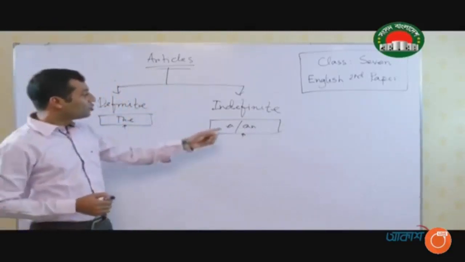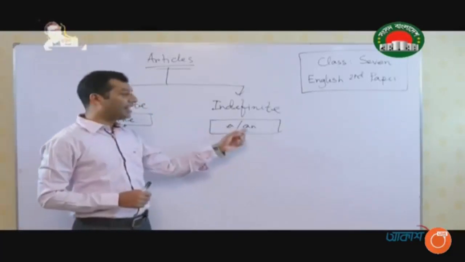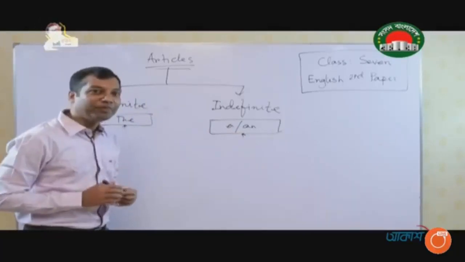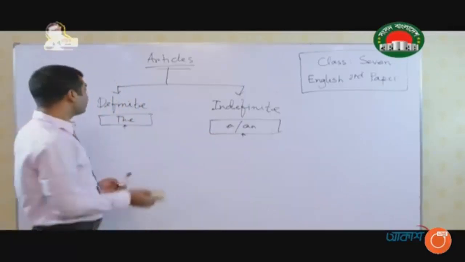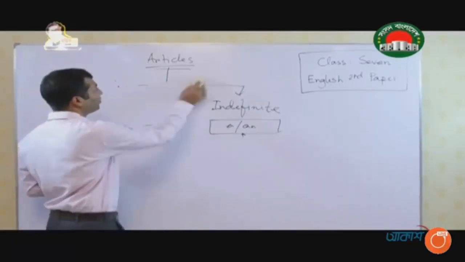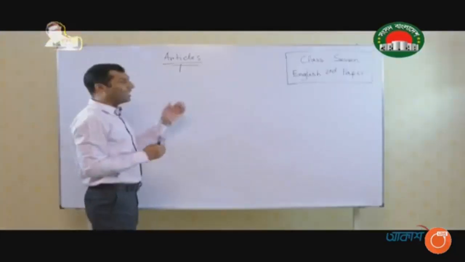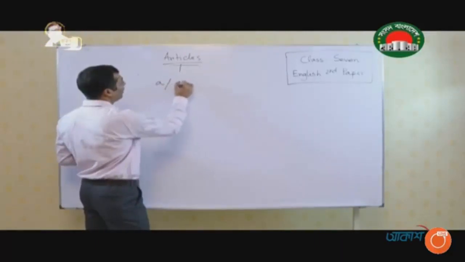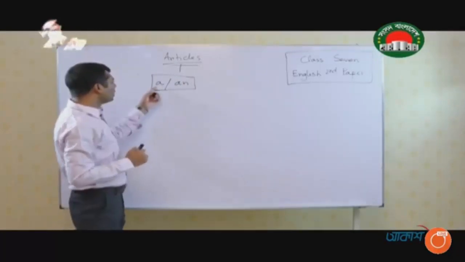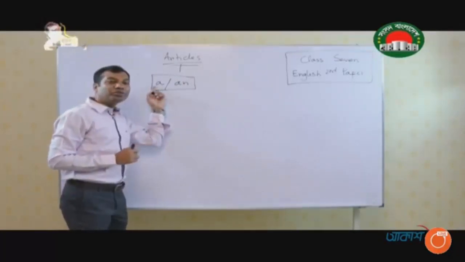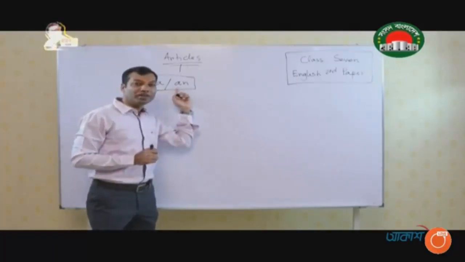Listen, these two articles a and an are the same in their meaning, but they are different in their uses. So at first we have to learn about the differences in their uses. Okay, let's start. A or an, where to use them. We usually know that a is used before a consonant sound and an is used before a vowel sound.